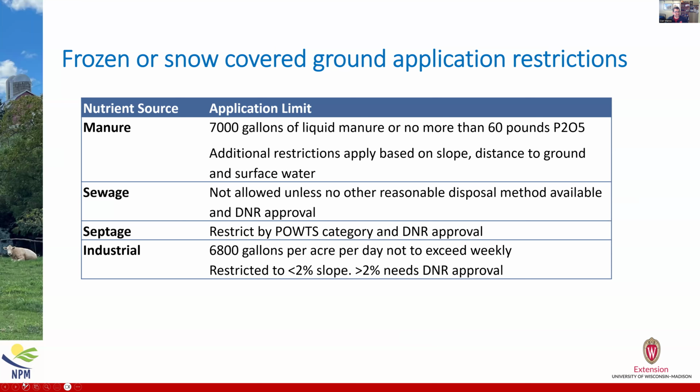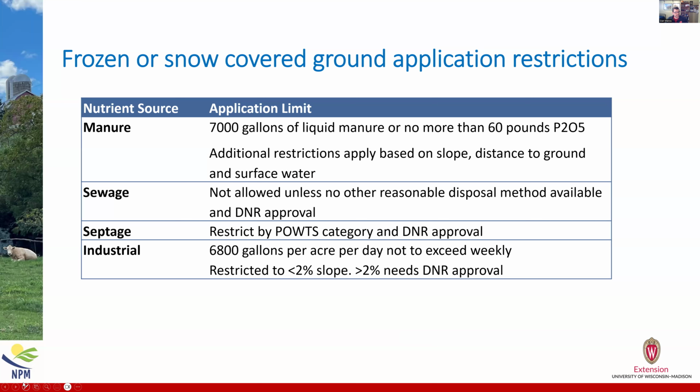In sewage, it is not allowed unless there are no other ways to dispose of that material and you have DNR approval. Septage, there are different POTS categories. So this is a privately owned treatment system, and you have DNR approval. Again, this is all outlined in the Topic Hub article that will be provided later on in the slide.